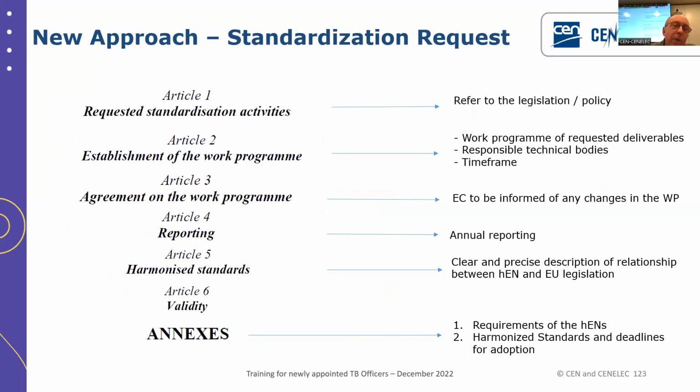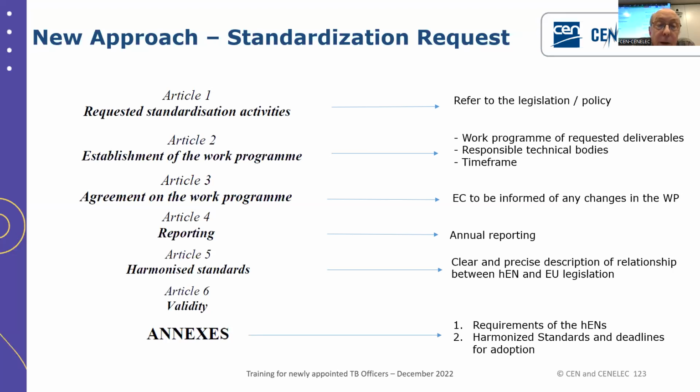So coming back to the standardization request, usually it's a template. Here, what I show you is a template of the standardization request. There will always be an Article 1 which will refer to the legislation. There is an Article 2 which will explain what is the work program and the time frame, and usually it is detailed in an annex.